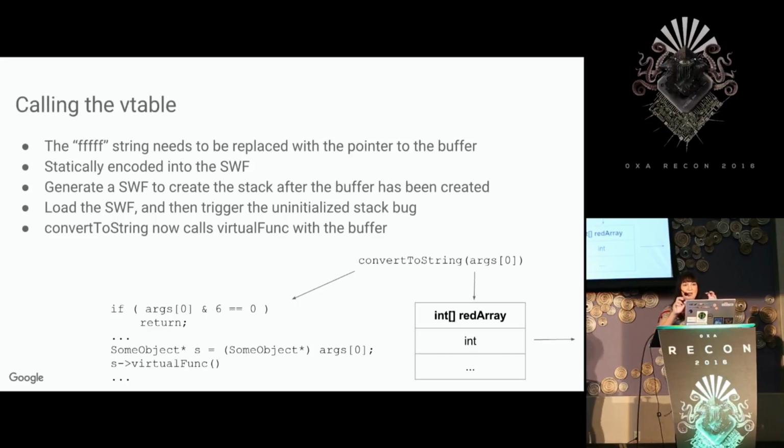So the way my exploit ended up working was that I created one SWF, and you load that one SWF, and that one bypasses ASLR, and then it creates these structures in memory, and then it gives the right pointer to a web app that I just wrote in Python, and this Python generates a new SWF that has all the pointers in the static strings, and then you load that SWF, and that'll actually trigger the bug with the correct pointer in it.